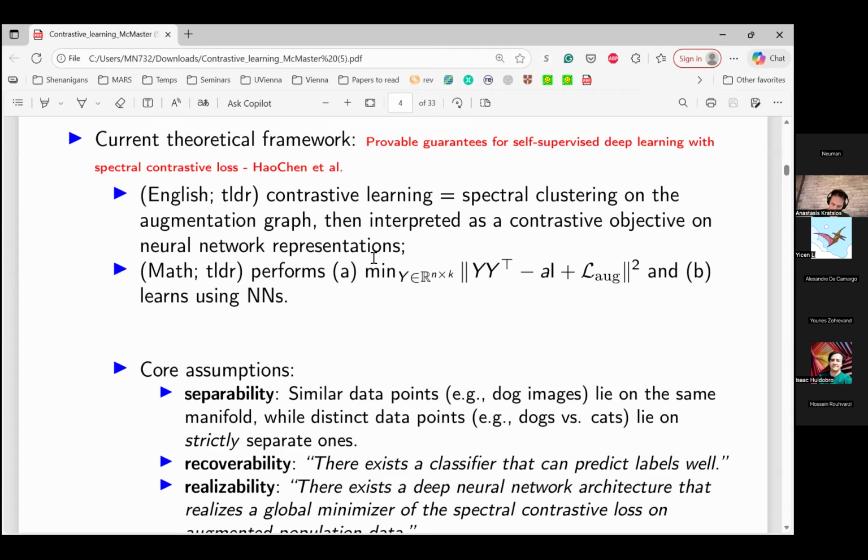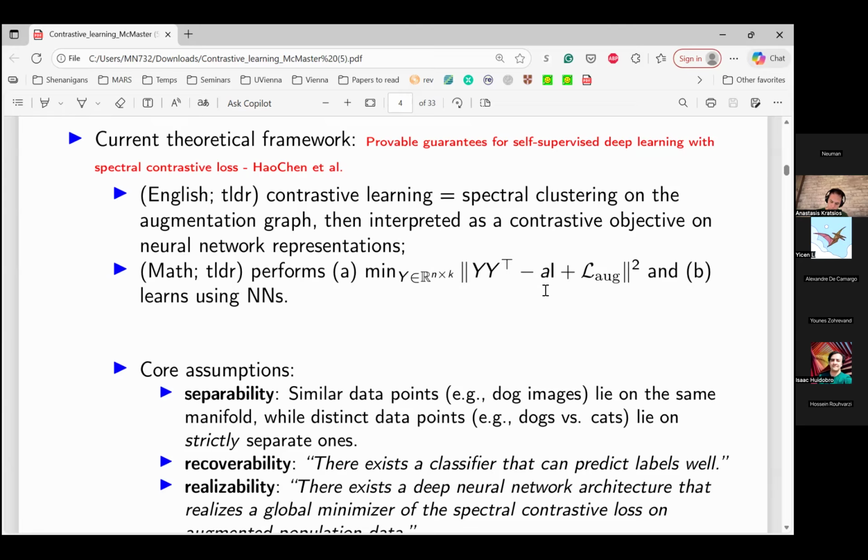Now, that is a lot of English, and for me, I just need a math interpretation of that. The math interpretation is that you need to do this optimization process A, in which you're trying to find a matrix Y, n by k, so that Y times Y transpose minus A I plus this graph Laplacian matrix is optimized.